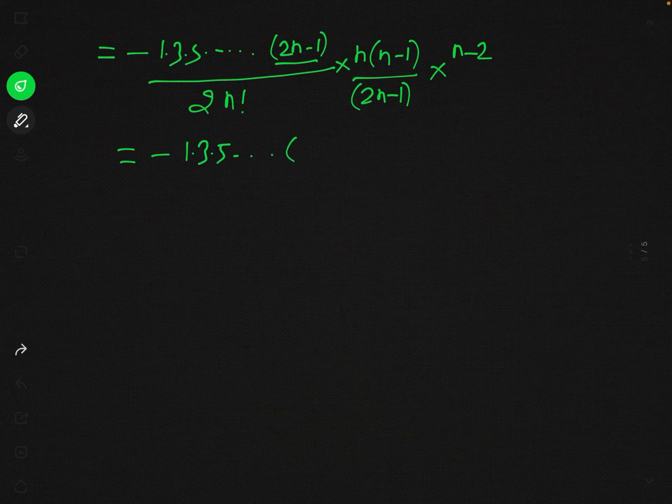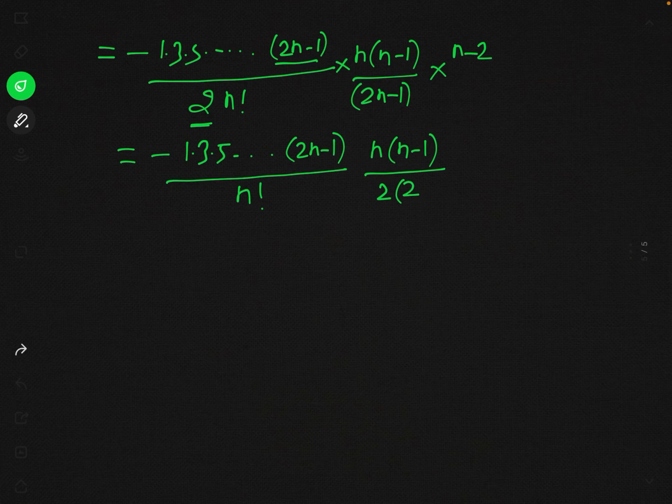Now you can see that this term may be written as -1 into 3 into 5 into so on into 2n-1 divided by factorial n into n into n-1, and divided by this 2 into 2n-1, and into x to the power n-2.